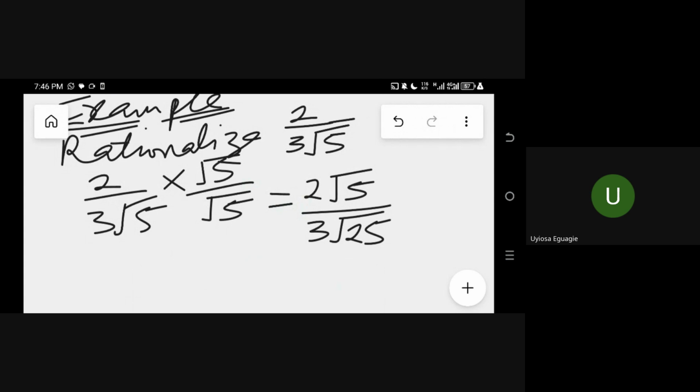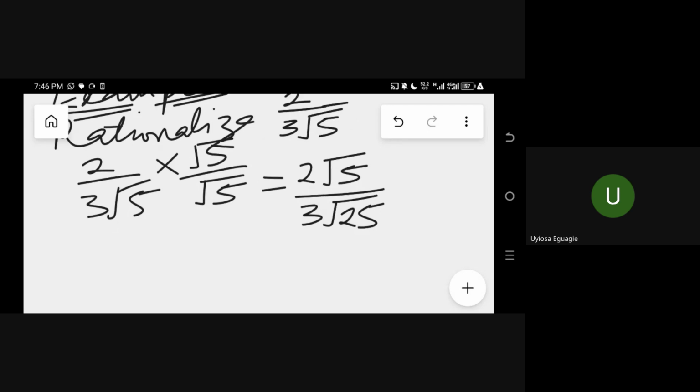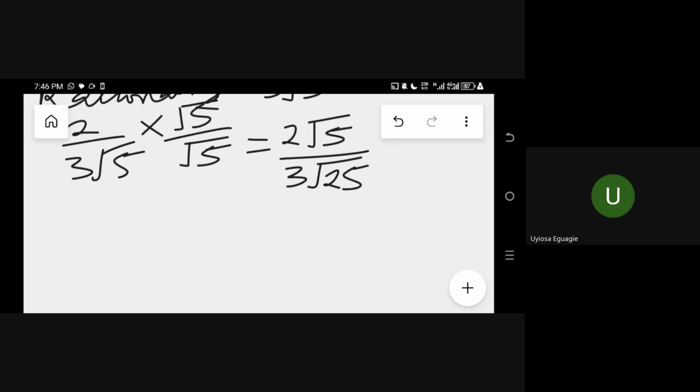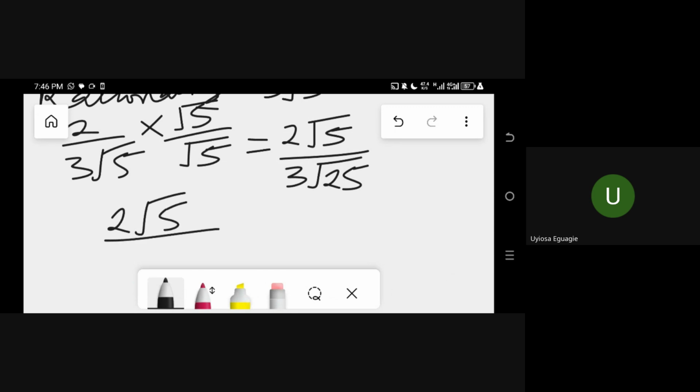All right, so we did this and we got 2 times root 5 gave us 2 root 5, over 3 root 5 times root 5 gave us 3 root 25. Then at the bottom, we have 2 root 5 over 3 root 25. We do know that the square root of 25 is 5.